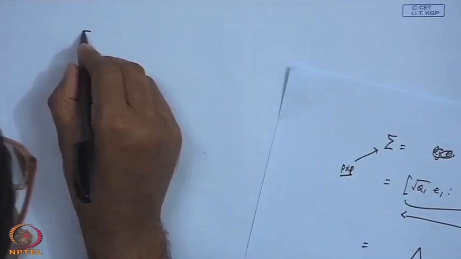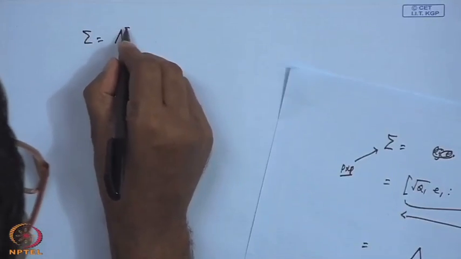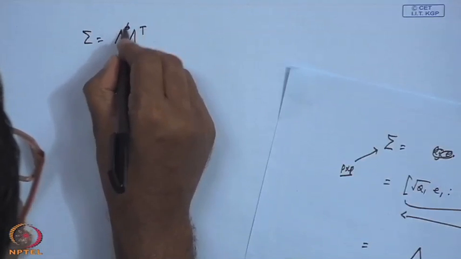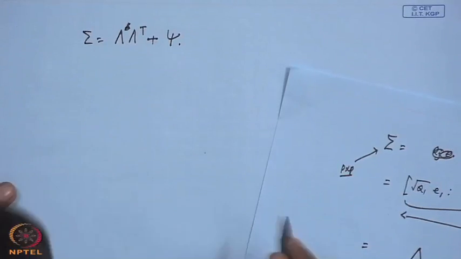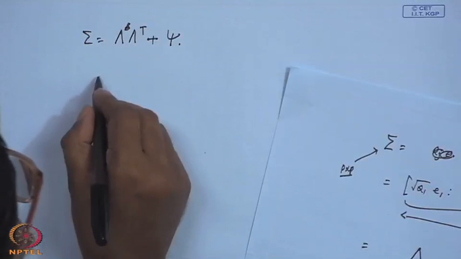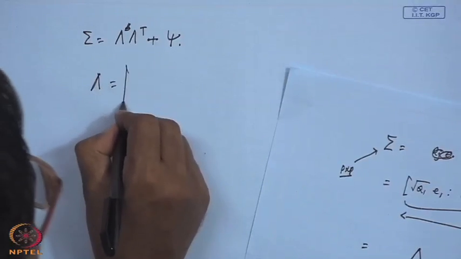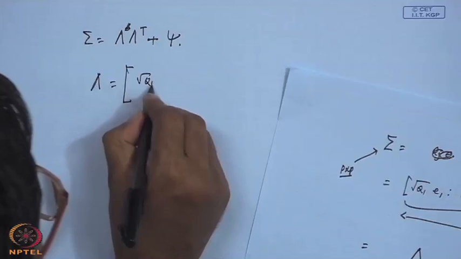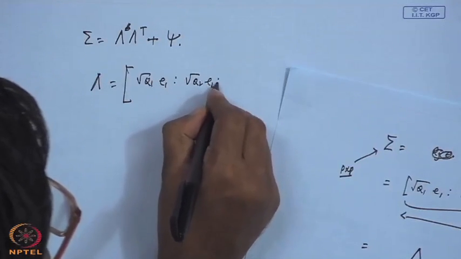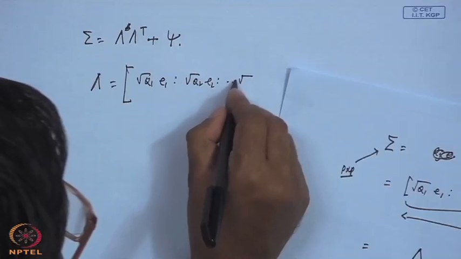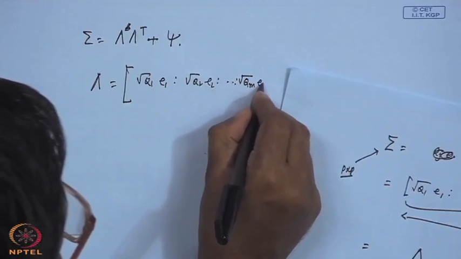So we are now making a little manipulation here. What we are saying is that I want to write sigma equal to this times its transpose plus psi, where this lambda is nothing but we are considering root q1 e1, root q2 e2, so ultimately root qm em.